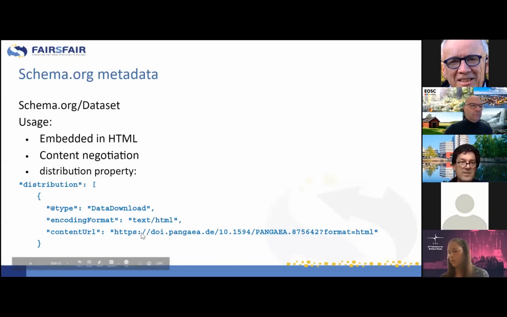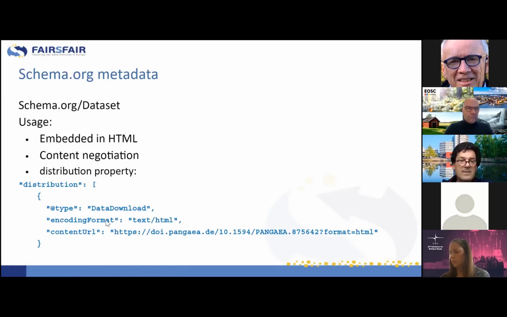And the way to do it is just to use this distribution property, where you can include links to the data object like is shown here, using this content URL subproperty, and you can give some additional information about this data object, like the MIME type, and so on.